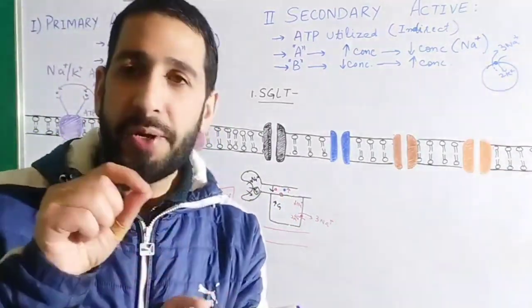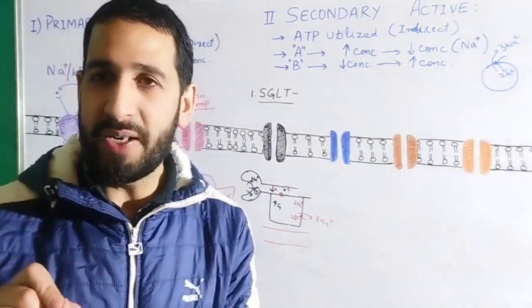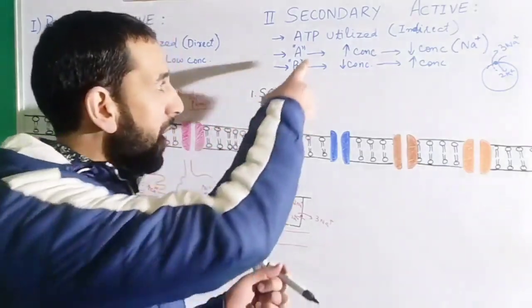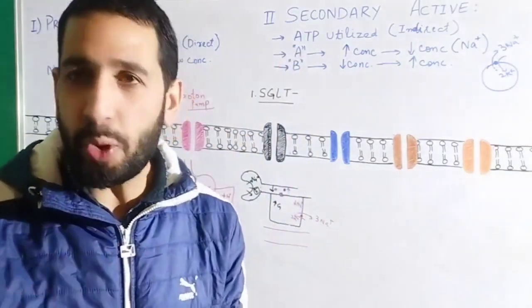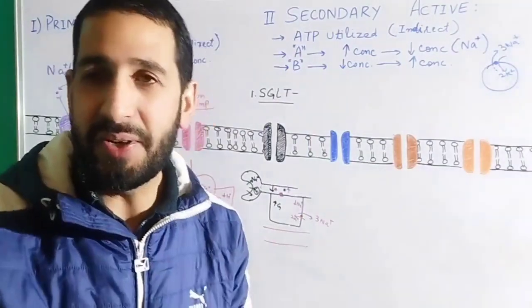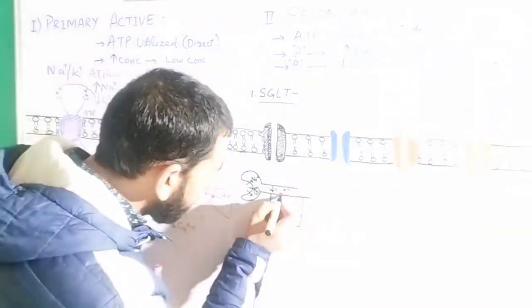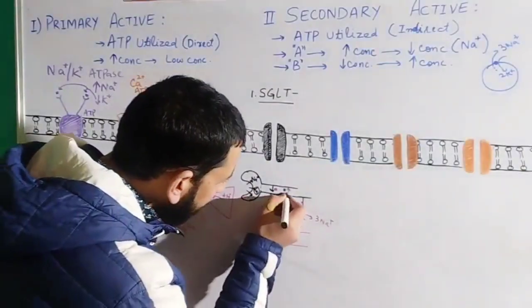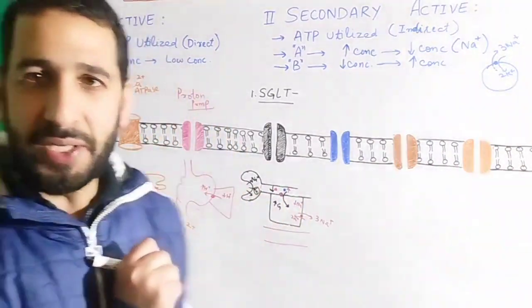We have to transport sodium from high concentration to low concentration, that is substance A I've talked about here. And then substance B, in this case, is glucose, and that glucose has to be taken from low concentration to high concentration.